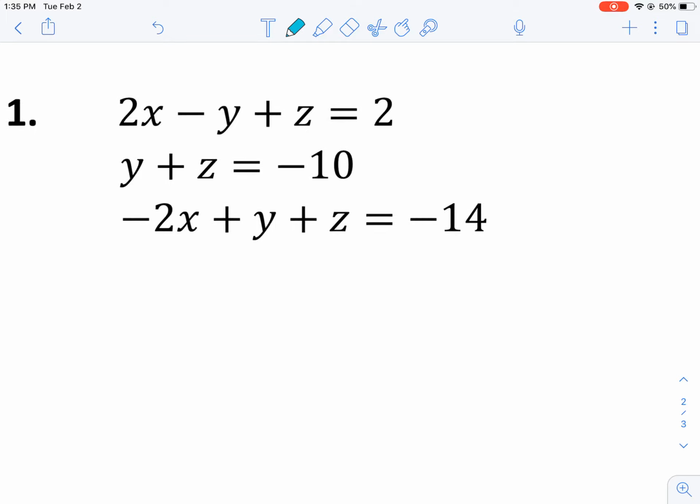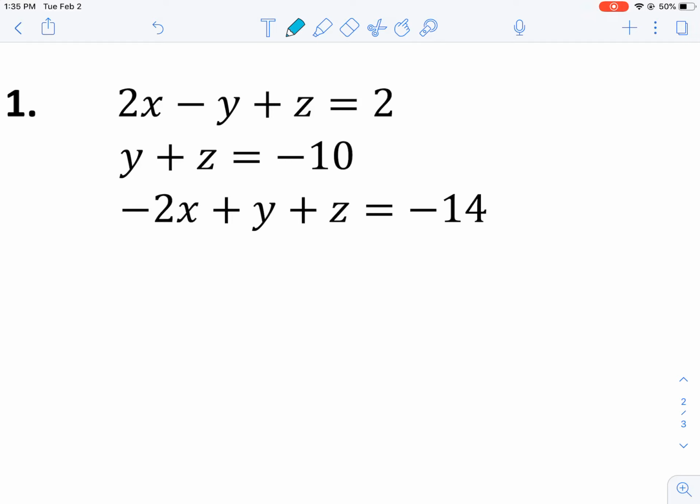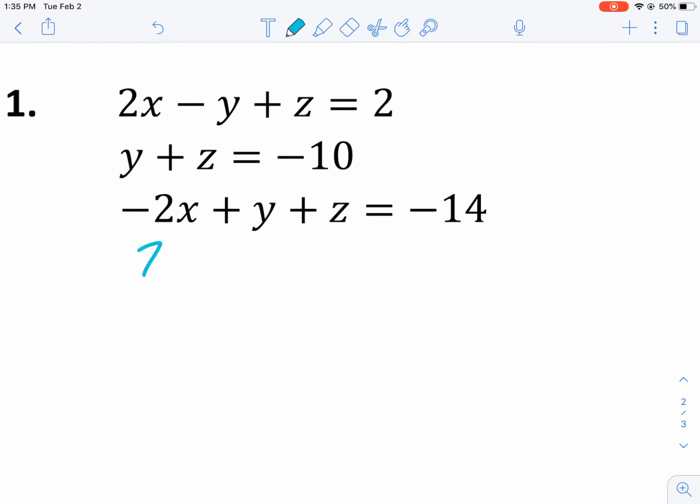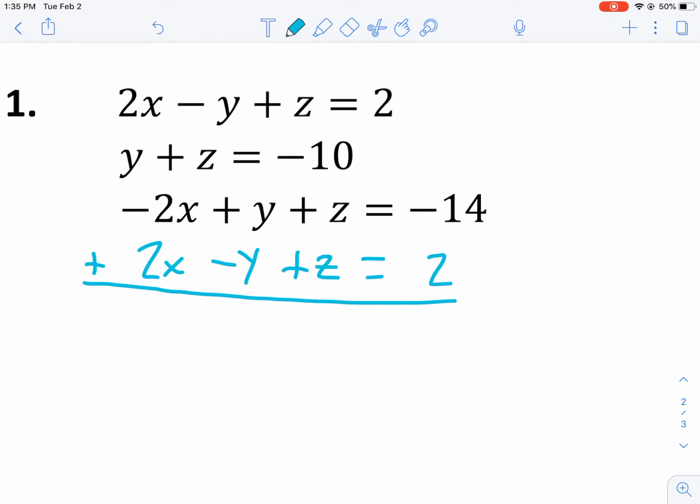Now, with this first equation, we made it kind of easy because if I take that top equation and move it down here, so 2x minus y plus z equals 2. We actually get really lucky because we can get 2 things to cancel out here. If we add these together, negative 2x plus 2x will cancel out.